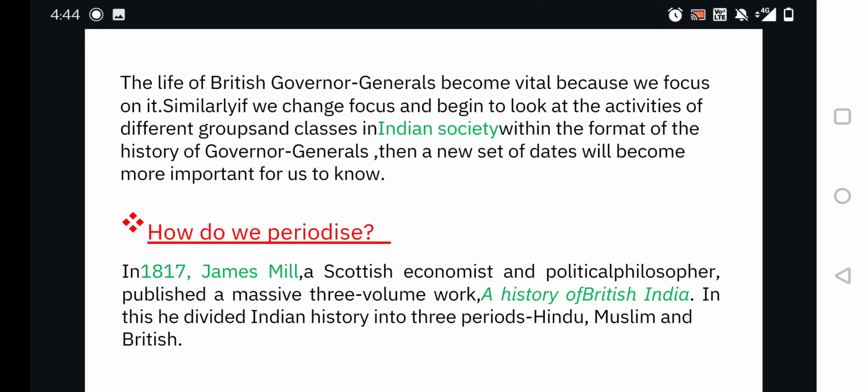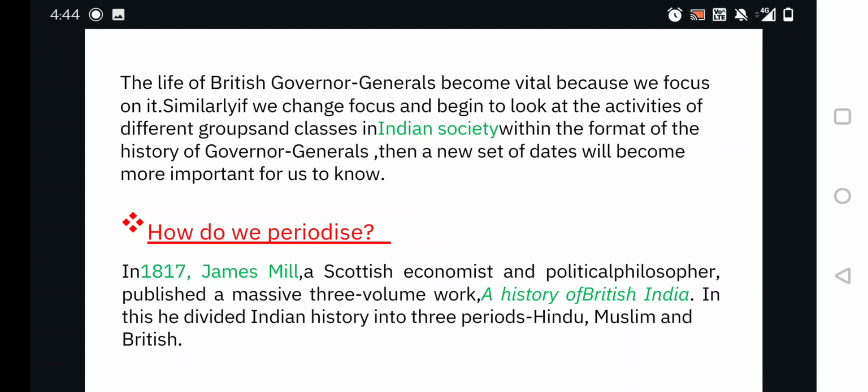Okay. And one of the very important historians at that time was James Mill. James Mill first periodized Indian history. He periodized Indian history in his book, History of British India, written in 1817. This was a massive three volume work in which he divided Indian history into three periods: Hindu, Muslim, and British.